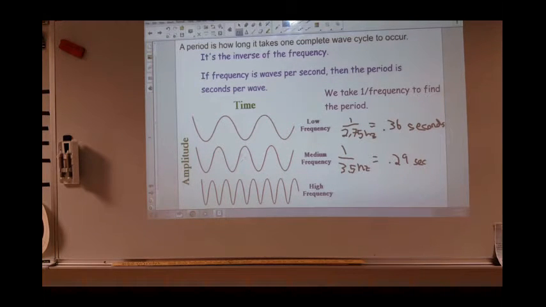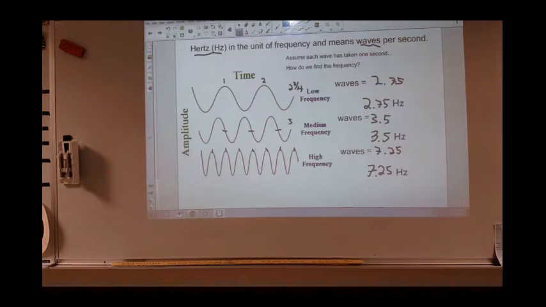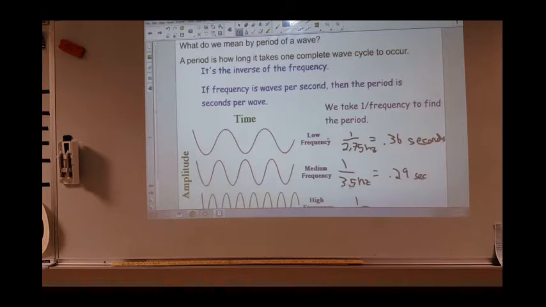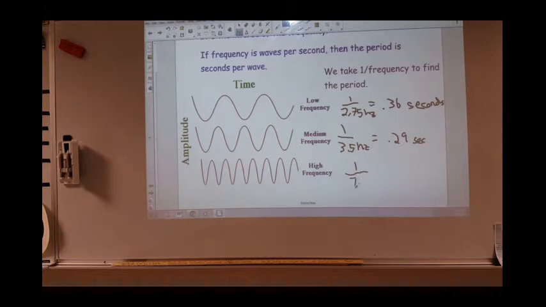And again, you guys could take a little break and try to figure out what is this period. So I'd suggest pause the video and try to figure it out. I'm just going to set it up. So you're going to take 1 divided by the frequency, which in this case is 7.25 hertz.